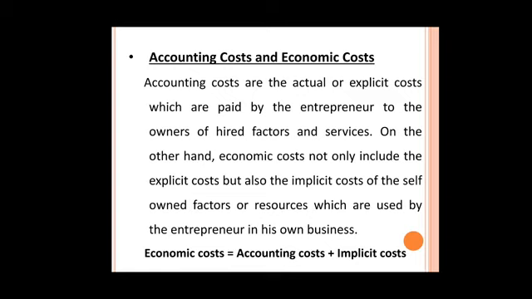Thus, economic costs not only include the explicit costs but also the implicit cost of the self-owned factors or resources which are used by the entrepreneur in his own business. Economic costs are thus equal to accounting costs plus implicit costs.